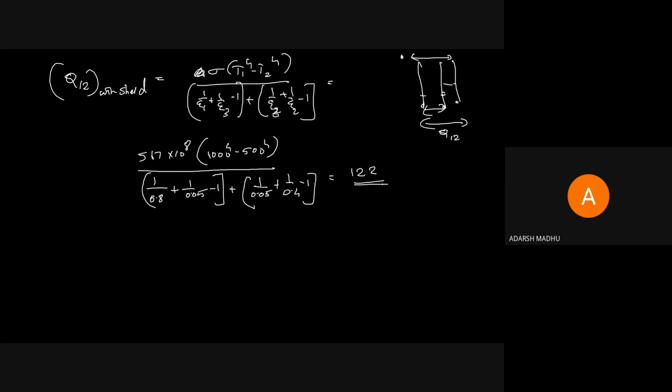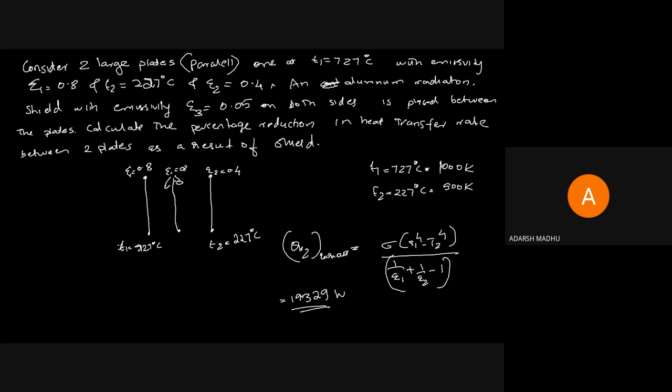Okay, if it is 122, and there is no answer in the textbook, you can write 122 watt per meter square. So with the shield it is 122, and without the shield it is a big value.